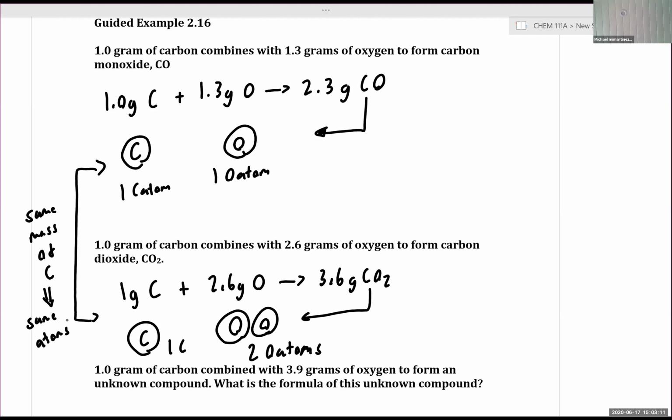Now let's look at the oxygen atoms. In the first case, we have 1.3 grams of oxygen per every 1 oxygen atom. In the second case, we have 2.6 grams of oxygen per 2 oxygen atoms. And what we can see is that these two ratios are exactly identical.